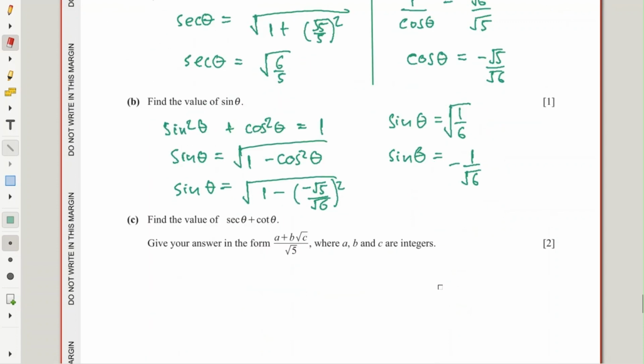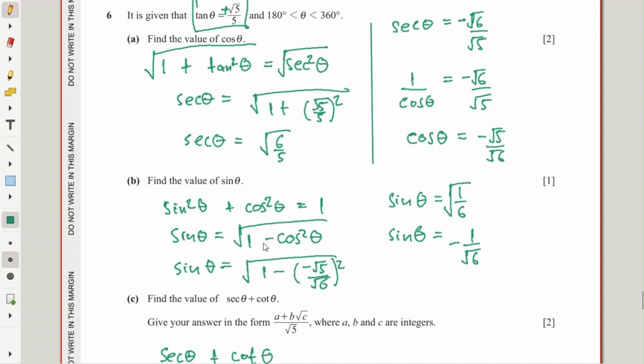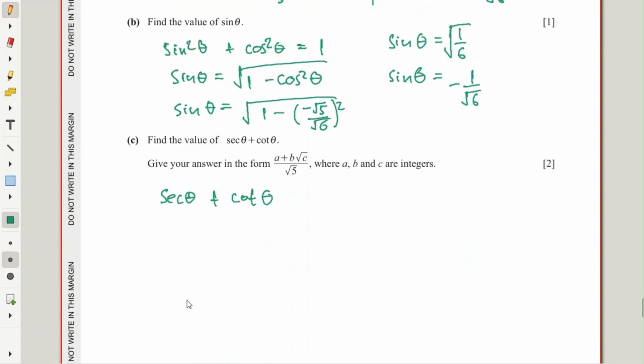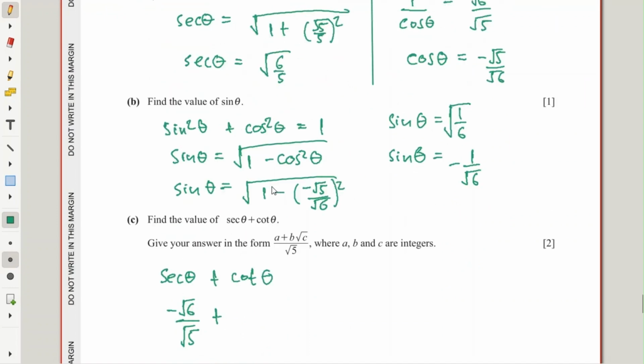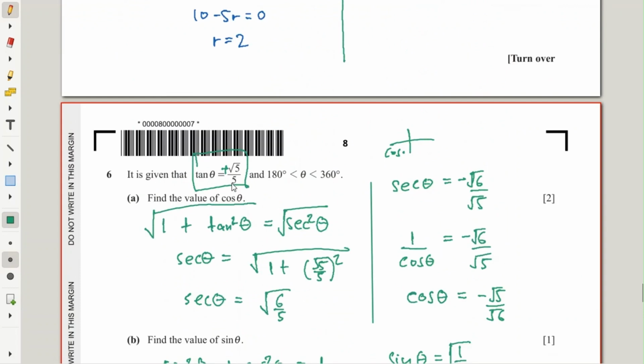Okay. All right. So here, the final thing is I should find sec theta plus cot theta. I think I have sec theta here. Oh, I'm so lucky. I found it here. Negative root 6 over root 5. Cot, okay. So this is the same as 1 over tan, so 1 over tan will give you this.